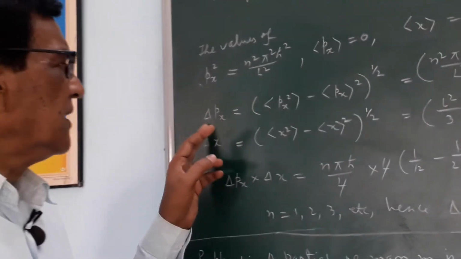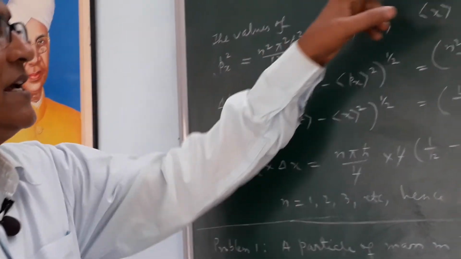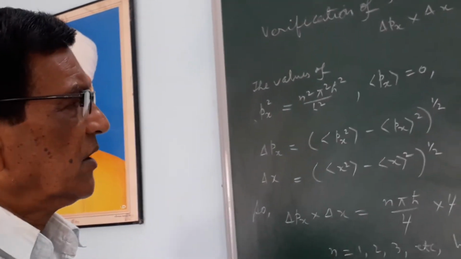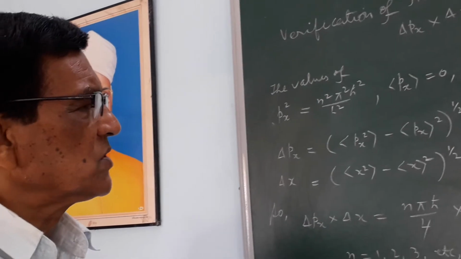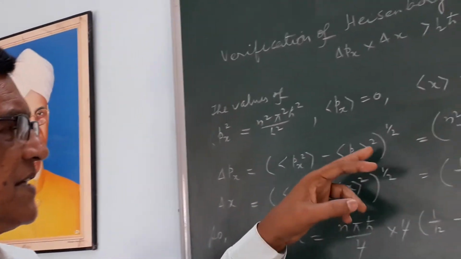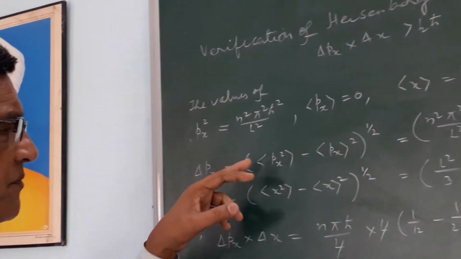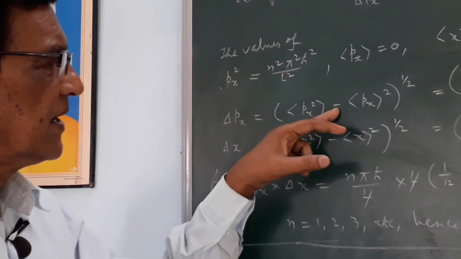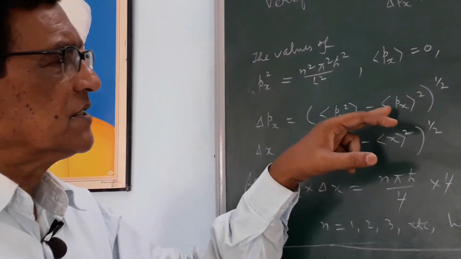So this delta Px in the Heisenberg uncertainty principle is the root mean square deviation, meaning the standard deviation, and it is given as the expectation value of Px square minus the square of the expectation value of Px, the whole to the power half.